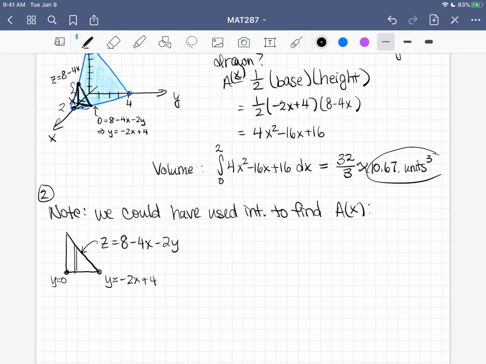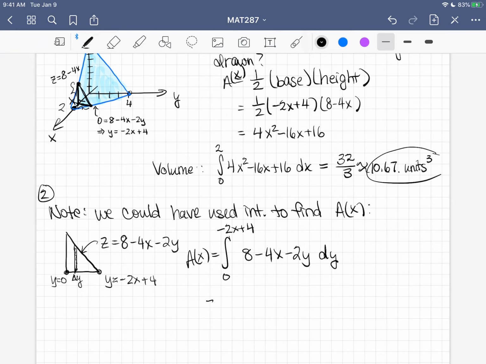And this is going to be vertically simple. So what am I going to do? I'm going to integrate the height, 8 minus 4x minus 2y, with respect to y now, from 0 to negative 2x plus 4. And that's going to give me the area of that triangle.